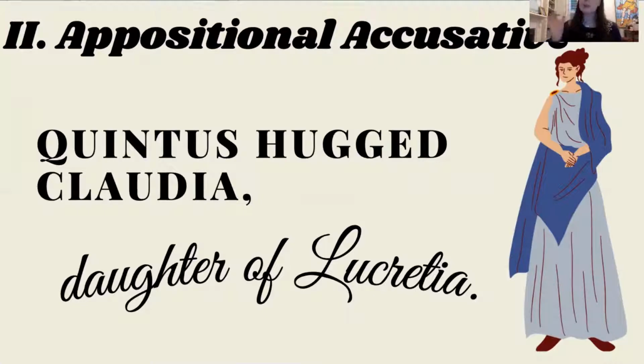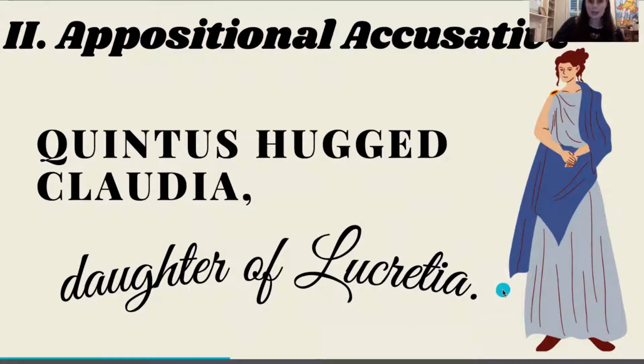So if it's just a phrase, in Latin, you can put a phrase next to a word with the assumption that it is describing that word. So in the sentence, Quintus hugged Claudia, daughter of Lucretia, the phrase daughter of Lucretia is an appositional phrase that is describing Claudia.